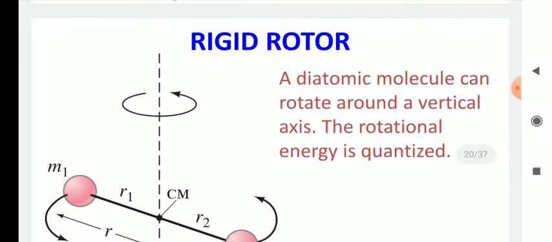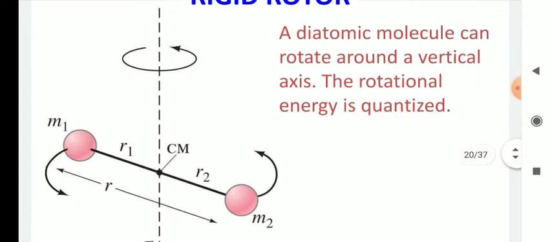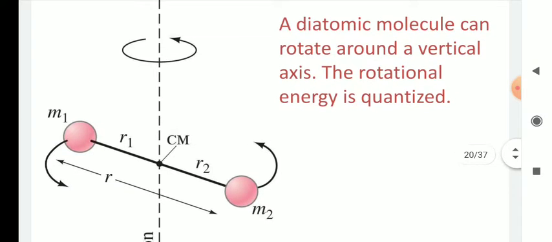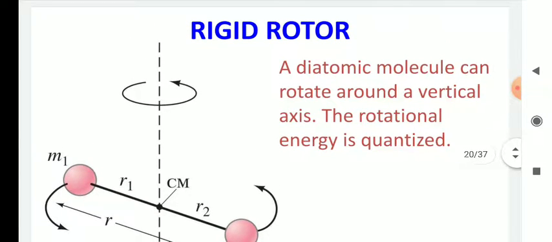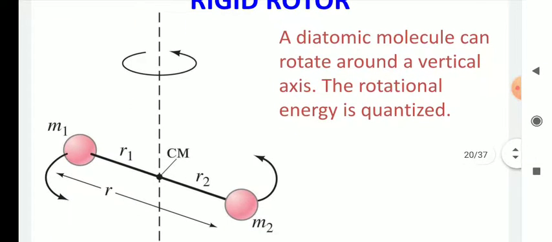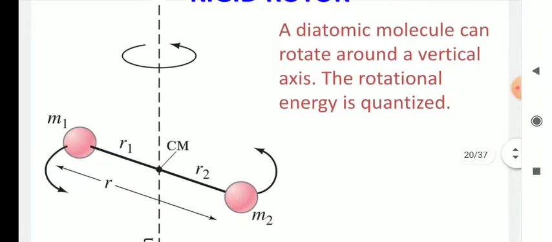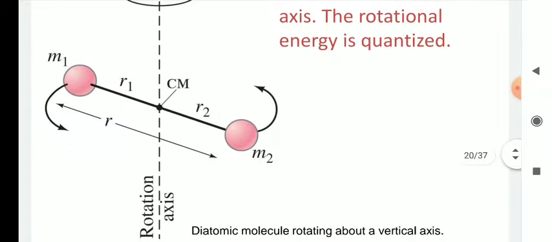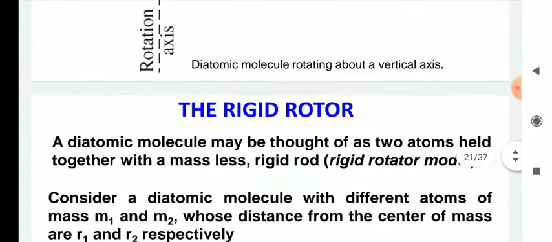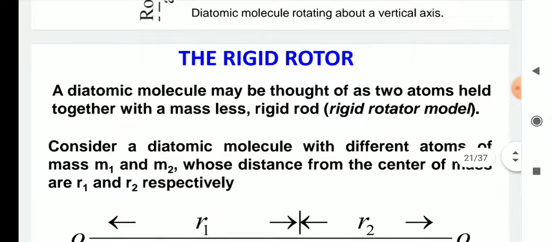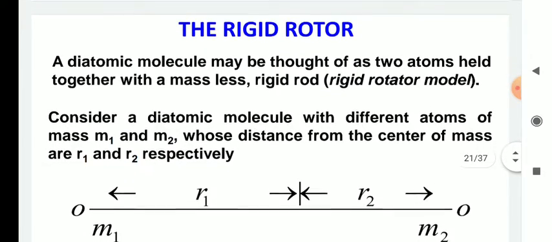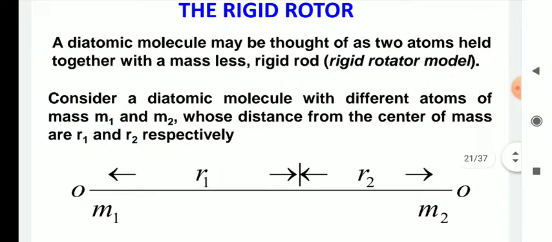A diatomic molecule can rotate around a vertical axis as shown in the figure. In this, the rotational energy is quantized, and this type of motion we call a rigid rotor. So let us consider a diatomic molecule in which two atoms are held together with a massless rigid rod.